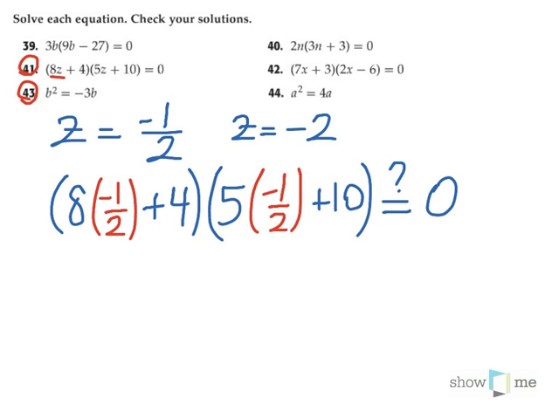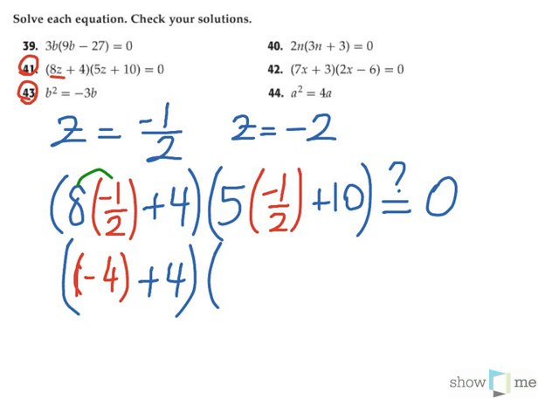Now if you do the multiplication here, 8 times minus 1 over 2 will make minus 4 here. You will have minus 4 plus 4. Now in here it will be minus 5 over 2 plus 10.